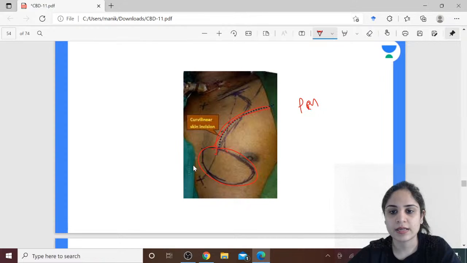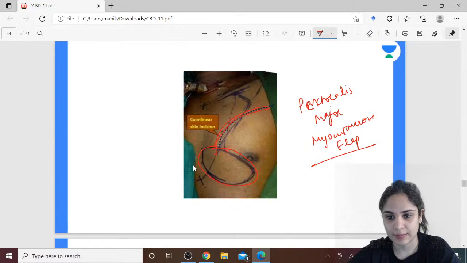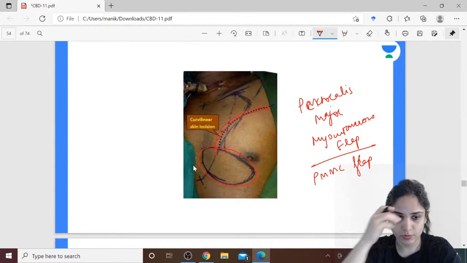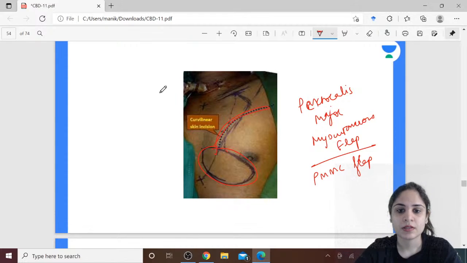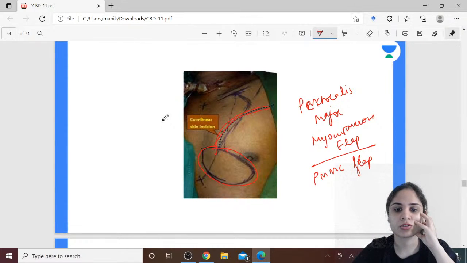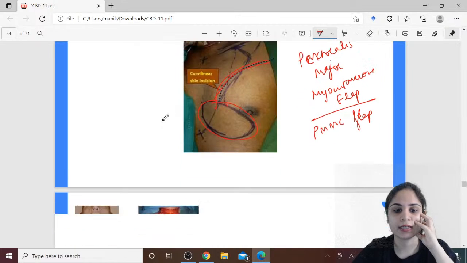Okay, so this is called as pectoralis major myocutaneous flap, or PMMC flap. Okay, so this is PMMC flap, which is used for reconstruction of any kind of oral cavity cancer.